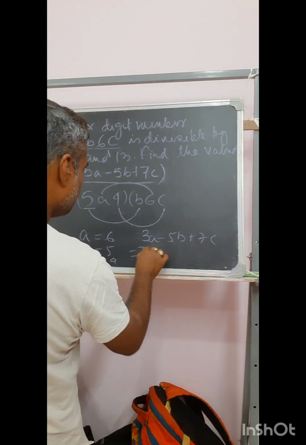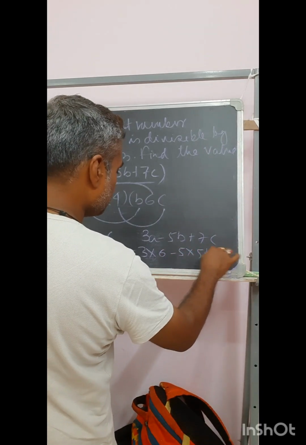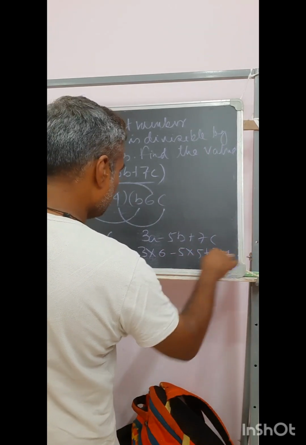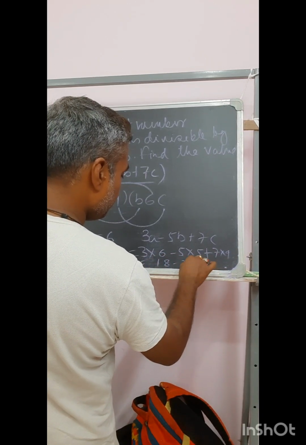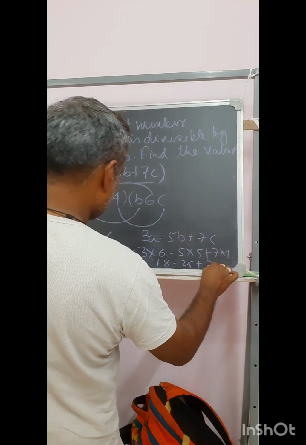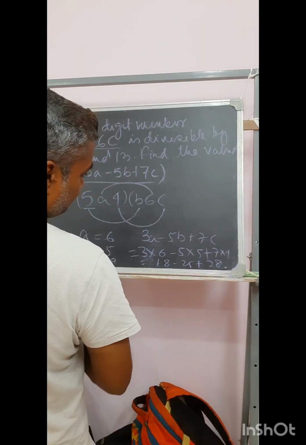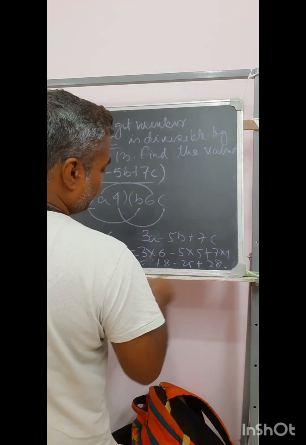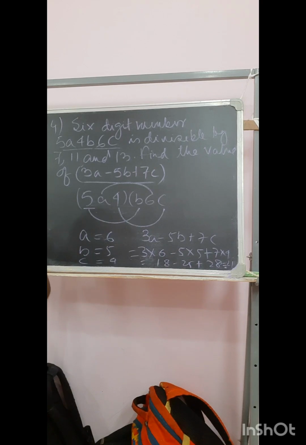It will be 3 into 6 minus 5 into 5 plus 7 into 4. So this is 18 minus 25 plus 28. This is 46 minus 25, that will give you 21. So this will be your answer.